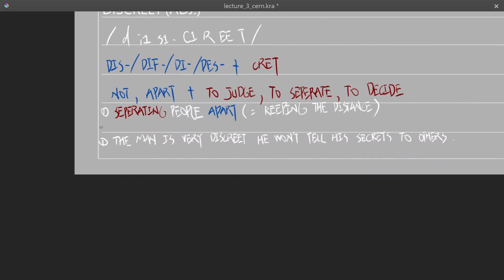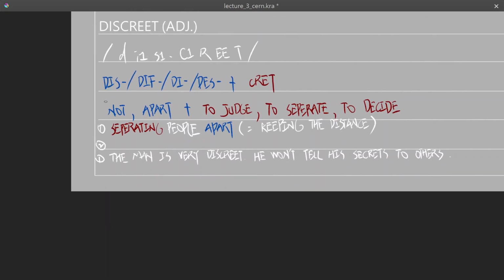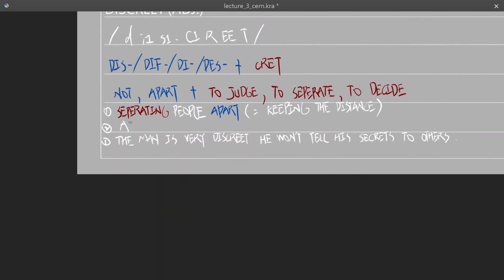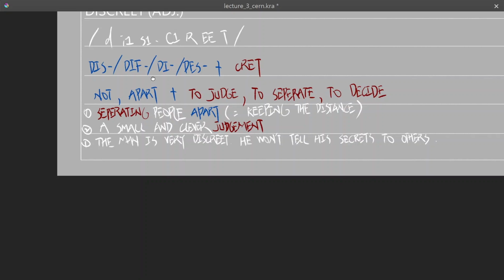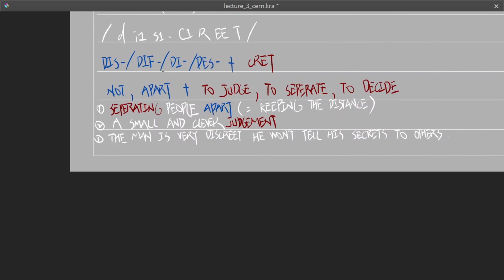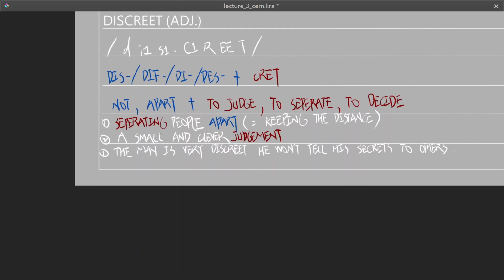And we also have the second meaning. The second meaning is a small and clever judgment. So it's not a big decision. It's not a big decision that's going to influence the whole world.